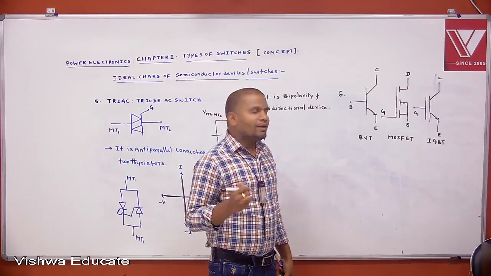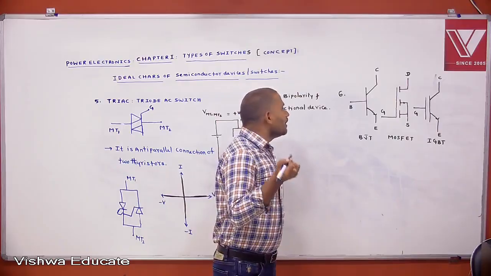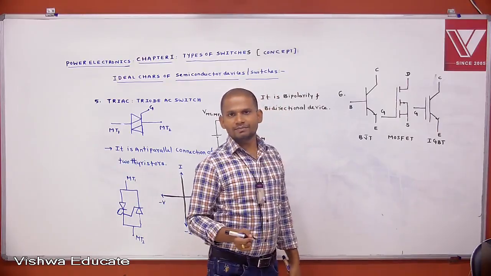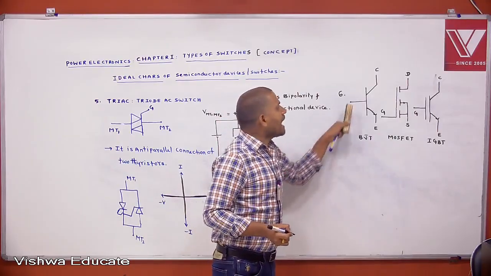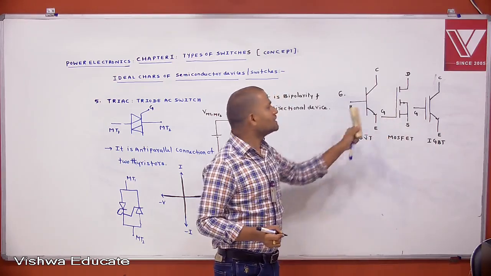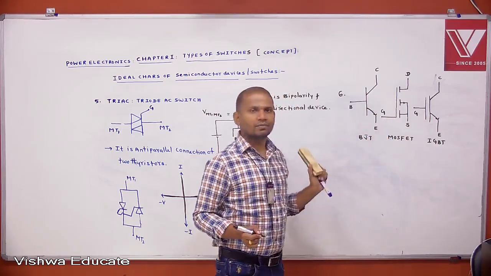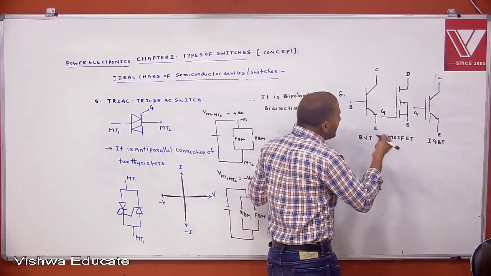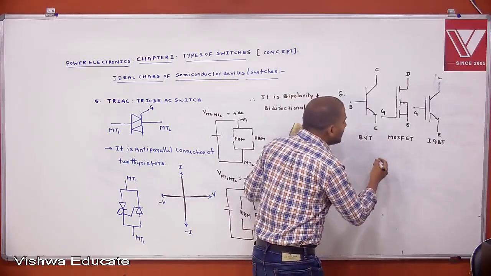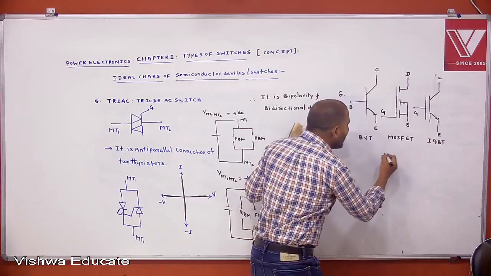But here I am concentrating on drawing the ideal characteristics. All these devices have the same ideal characteristics, that's why I am giving them here itself. Either BJT or MOSFET or IGBT, is there any anti-parallel device here?